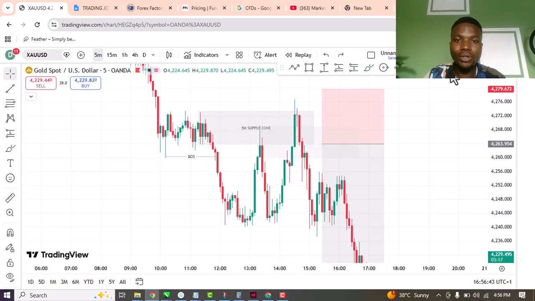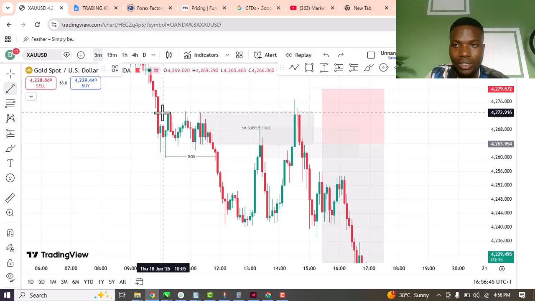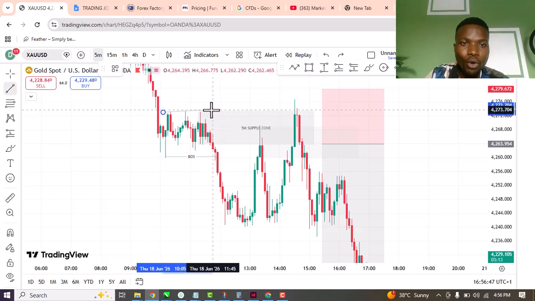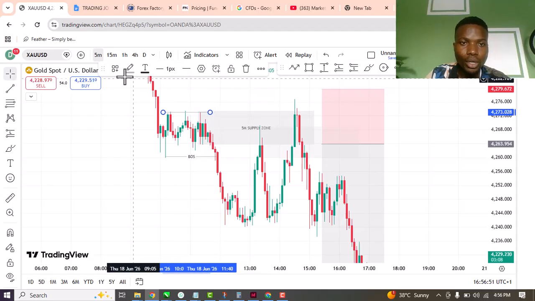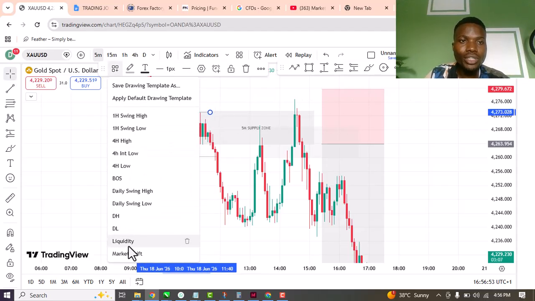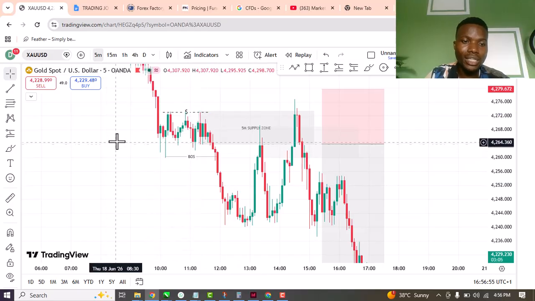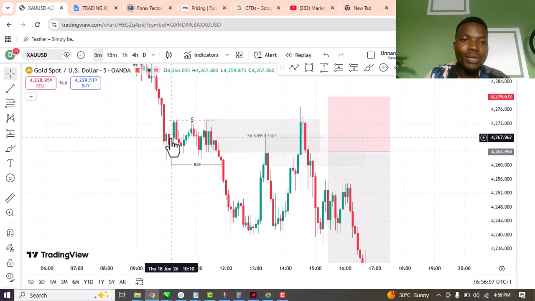The reason why is because I know that there is liquidity sitting above the double tops, because most traders know that when price is consolidating like this, that is when price is creating support and resistance, isn't it?